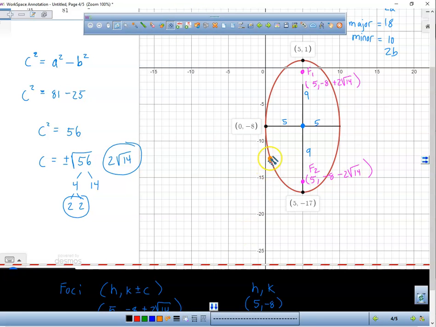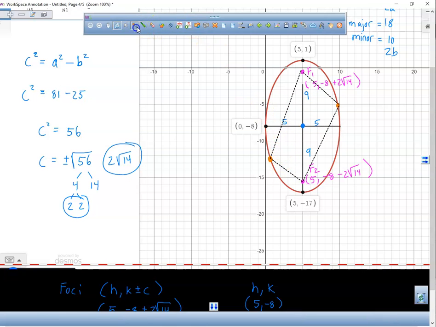But if I take from that point and I go to the foci, and if I take any other point on the ellipse, just some random point, the sum of these distances will be the exact same as the sum of these distances right here.